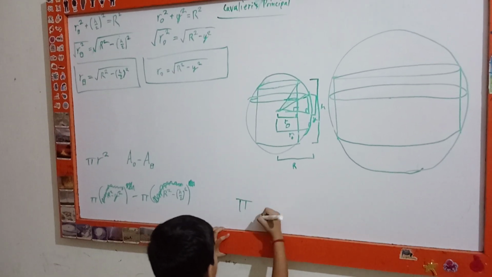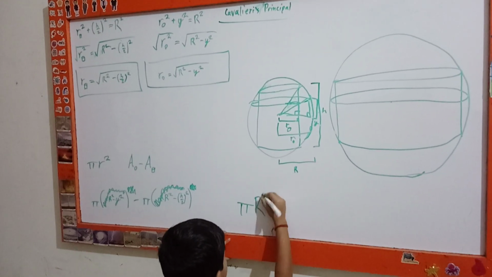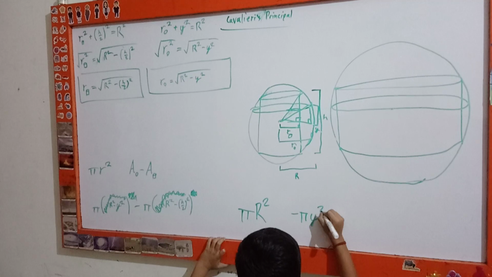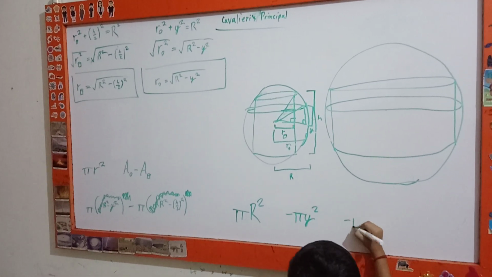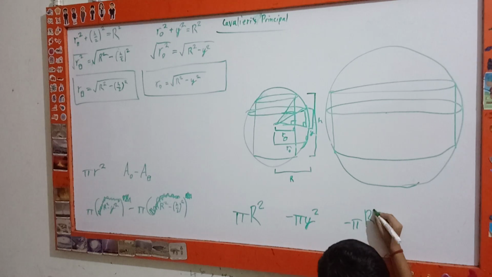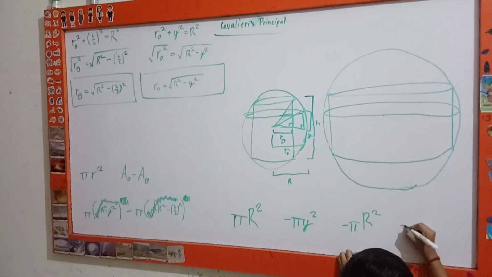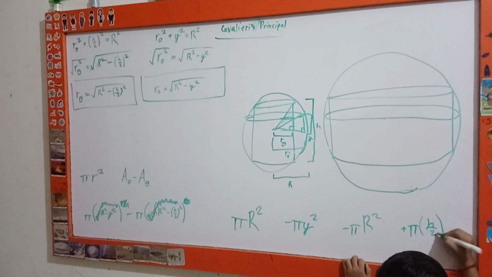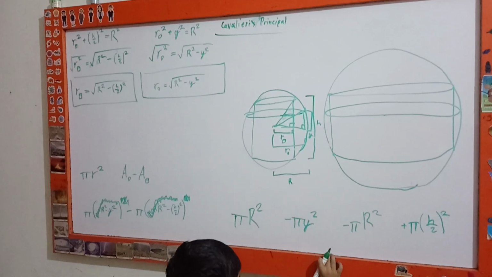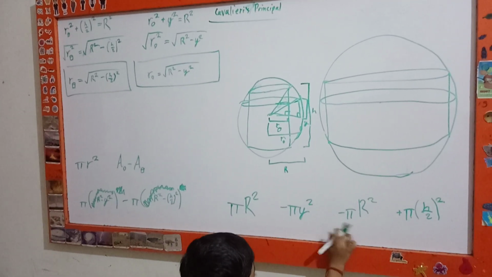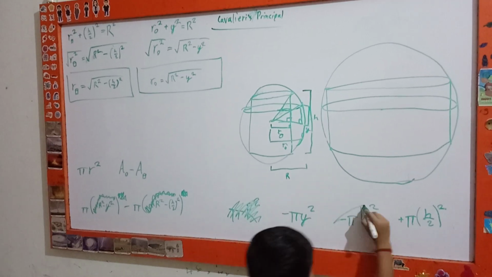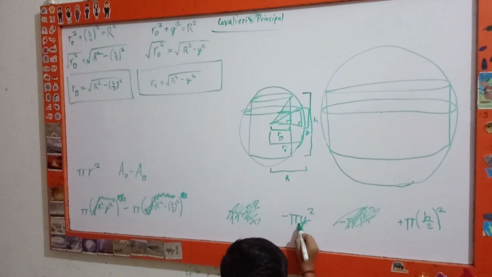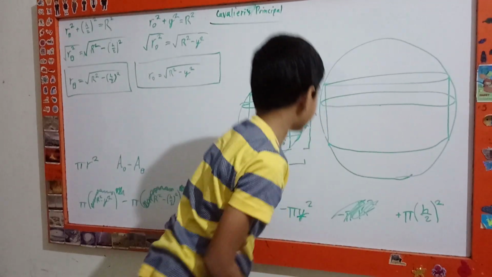We have pi r squared and a negative pi y squared, negative pi r squared again, and a positive pi h over 2 squared. So we have pi r squared and a minus pi r squared, so they both cancel each other out. But what we are left with is what we need. Of course, y is bounded by the length of the sphere.